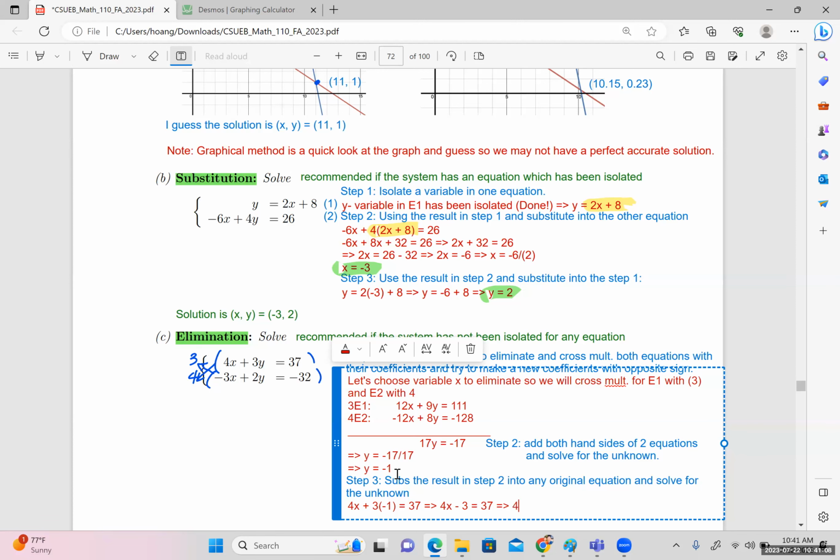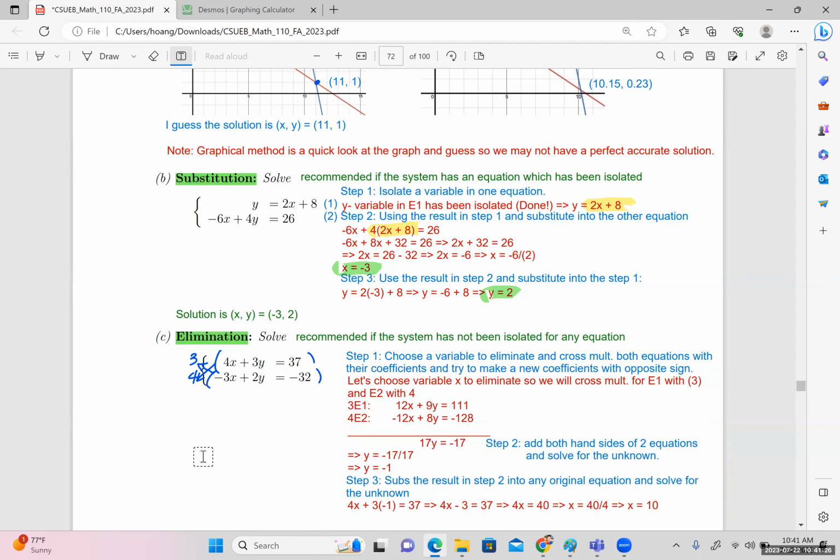And then I have 4x equal to 40. I add 3 to both sides, right? Then x will be equal to 40 divided by 4. That means x will be equal to 10. So that means the solution is (x, y) equal to (10, negative 1). That's going to be the solution.